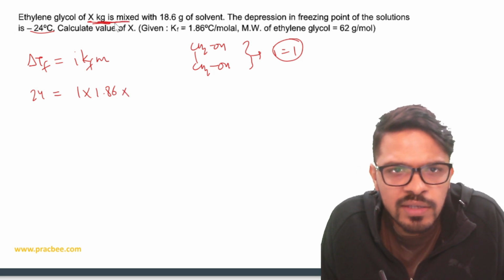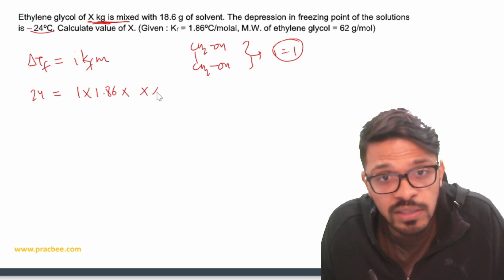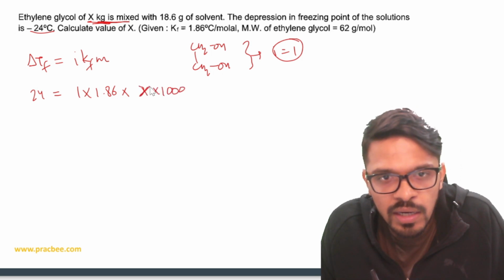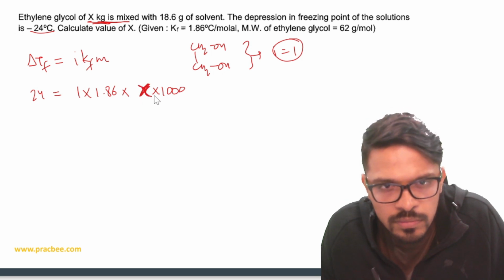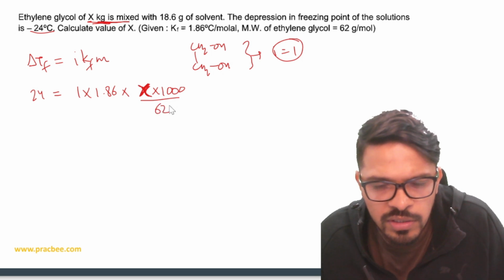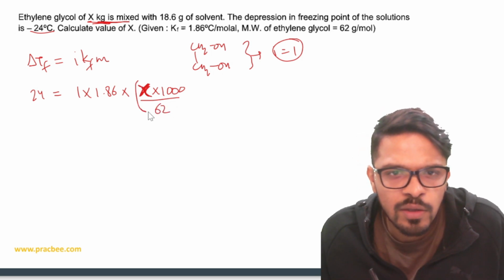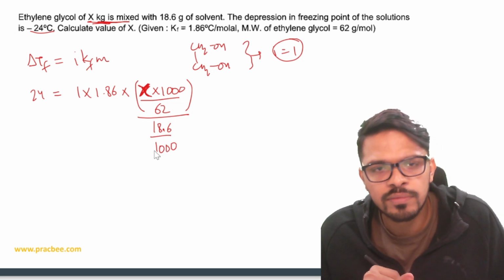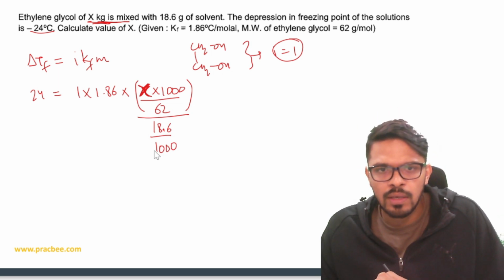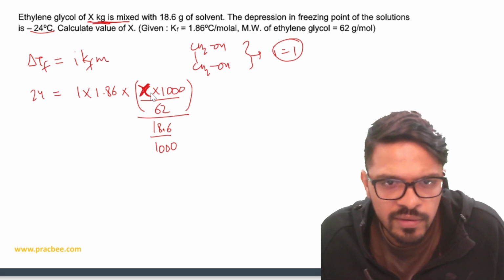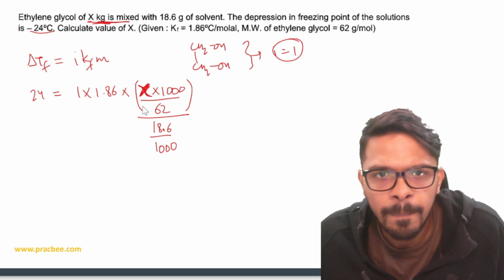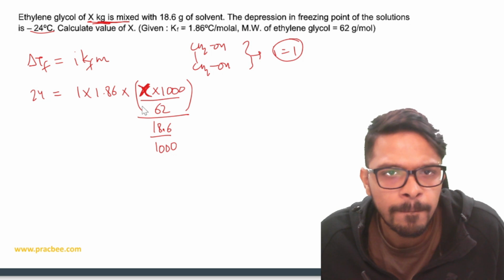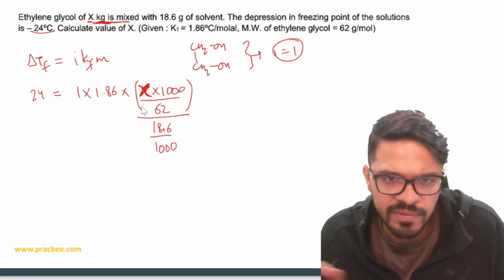So we have x kg, so x into 1000, this is the mass divided by molar mass, which is 62. These are the moles divided by the mass of the solvent. So this is the value. I think you can calculate the value of x easily.